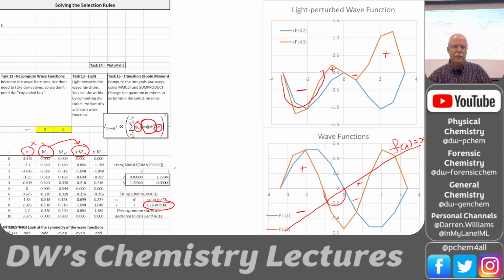We could also do that in matrix form, where we get all the possible transitions. So there's no 2 to 2, the result is 0, but 2 to 3, the result is non-zero. And then 3 to 2 is non-zero, and it's equal to the other. So it doesn't matter which one you do first, obviously. And then 3 to 3 is 0.